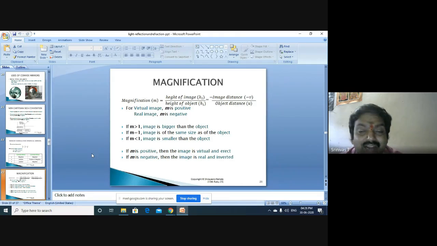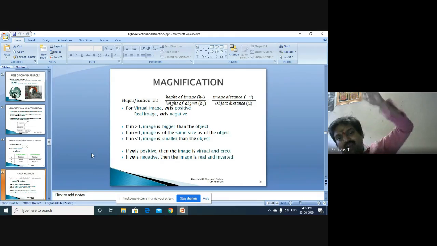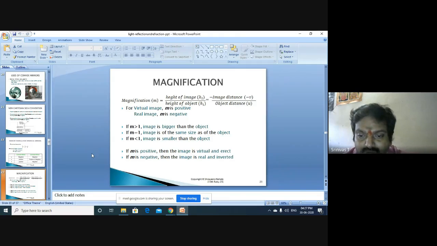If it is exactly 1, the image is of the same size as the object. And if M is less than 1, the image is smaller than the object. When M is positive, the image is virtual and direct, and when M is negative, the image is real and inverted.